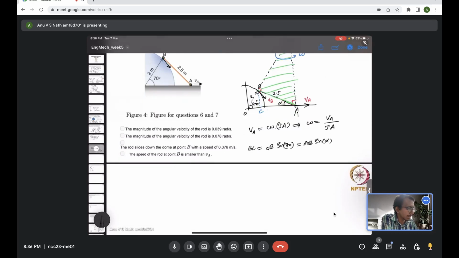Now from this expression, OB is known, which is 2 times sine of 70, equal to AB, which is also known, 2.5 times sine of alpha. So only alpha is unknown. If you do it, we can find sine of alpha being 2 sine 70 by 2.5. Let me evaluate it.